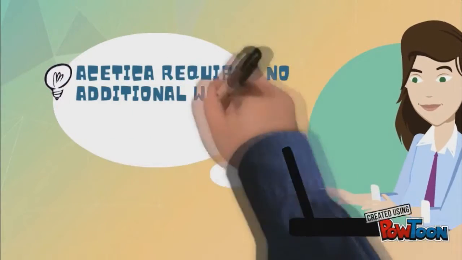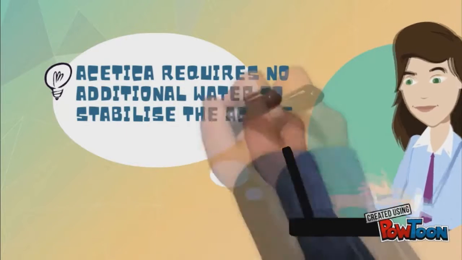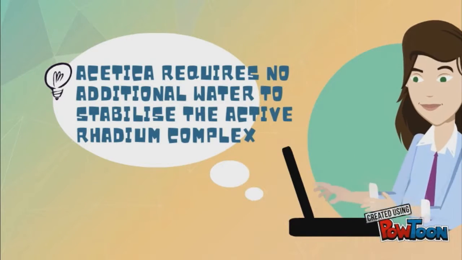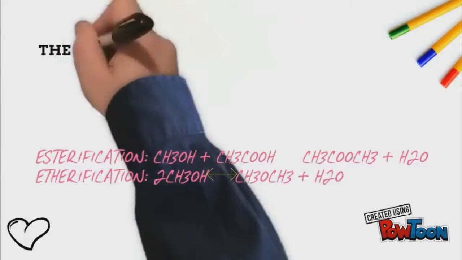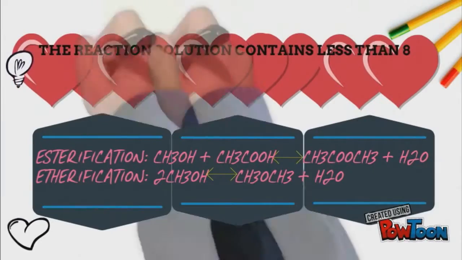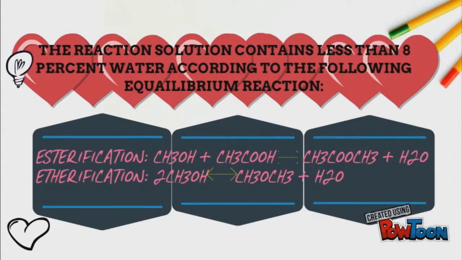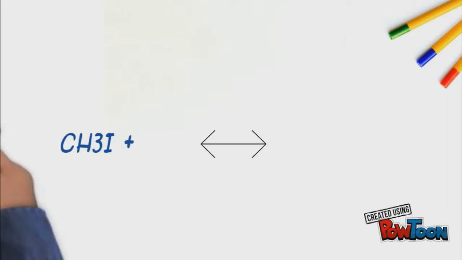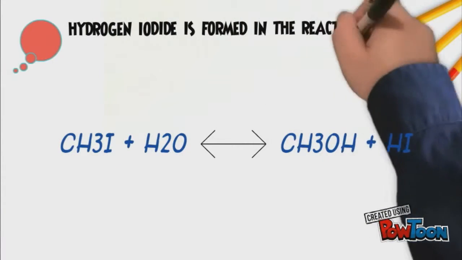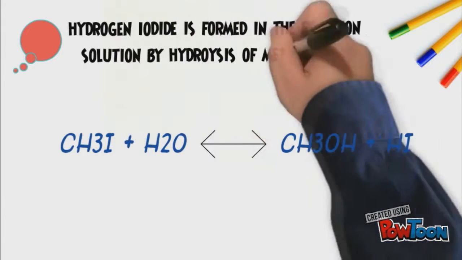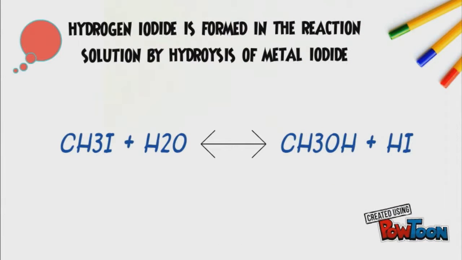Acetica requires no additional water to stabilize the active rhodium complex. The reaction solution contains less than 8% water according to the following equilibrium reaction. Hydrogen iodide is formed in the reaction solution by hydrolysis of methyl iodide.